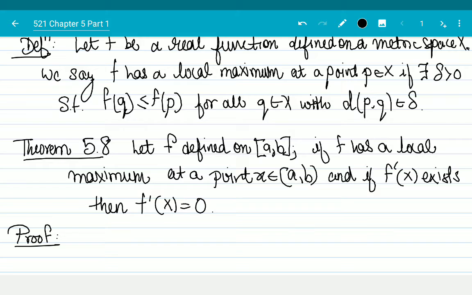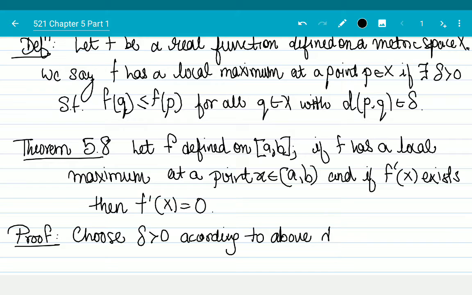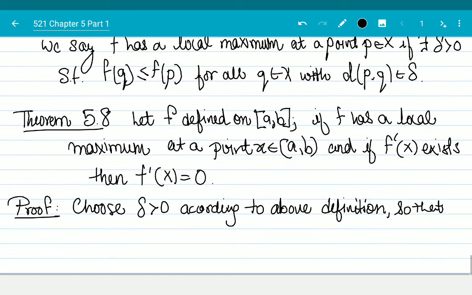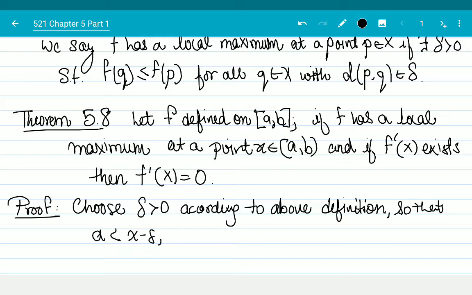Proof is going to be relatively easy. Choose delta according to the above definition, so that a is smaller than x minus delta, smaller than x, smaller than x plus delta, smaller than b.